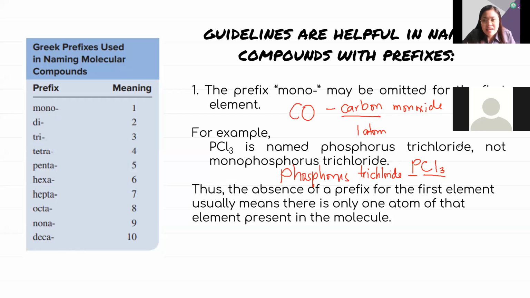So the ending here is still IDE. So this is always true for the second element class, whether we'll use the prefixes or not, as long as it is the second element, we will always change the ending into IDE. So phosphorus trichloride.